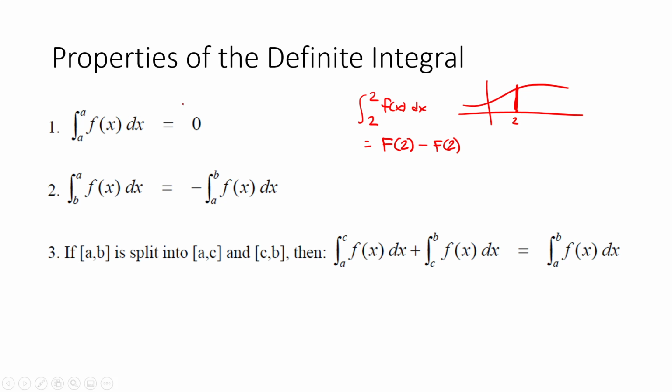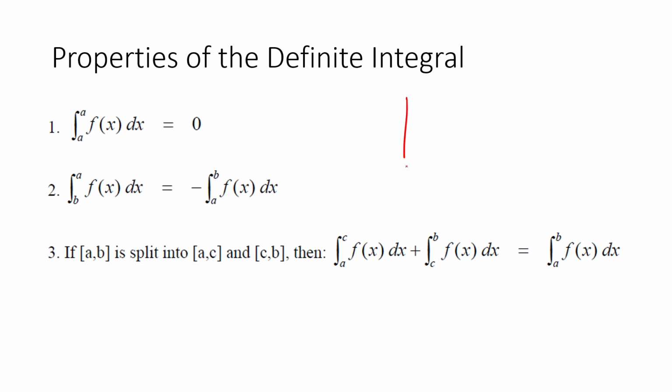All right, one that's a little less obvious is what happens if you switch the bounds. A to B, B to A. As a picture, if we're going from A to B, like this, now, if this is velocity, this is displacement. Think about it. If you're integrating this way, this should be positive, right?